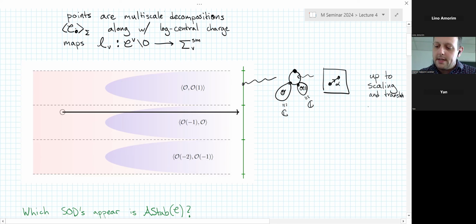So basically, you can think of alpha as living in S1. And what this line at infinity is, basically, it's the universal cover of S1.